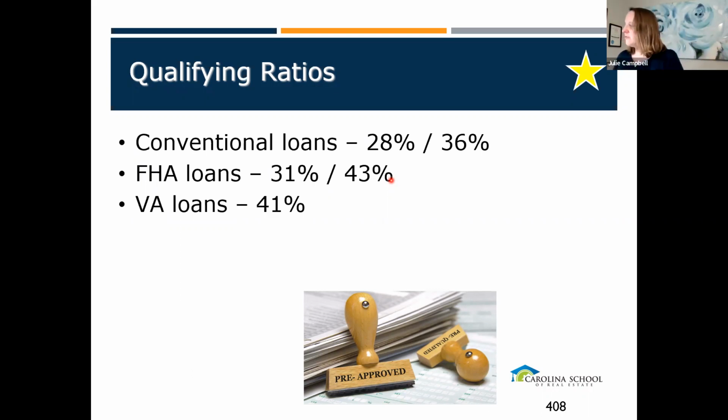And we're going to learn both ratios look at different things. It's all about debt and income, but there's different debt. And in order for a buyer to qualify, they have to qualify under both the 28 and 36% if they're going for a conventional loan. VA only uses one ratio, a little bit different. Again, more on this tomorrow night, if we don't start it tonight, when we pick up our calculators.